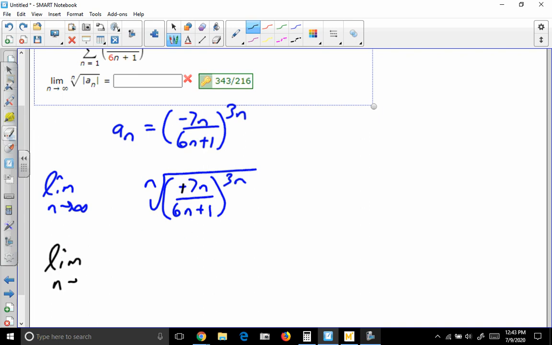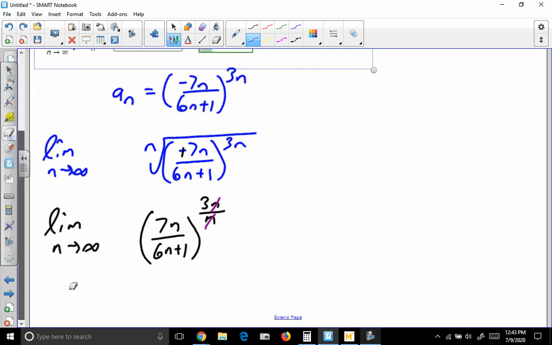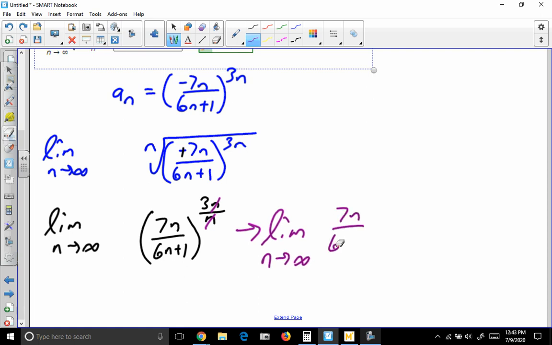So how do we take the nth root of this? Our base is 7n over 6n plus 1. Our power is 3n, and we're taking the nth root. So those cancel. So we need to take the limit as n goes to infinity, 7n over 6n plus 1 raised to the third power.